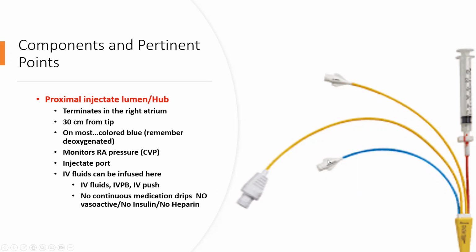However, you must never use this port to infuse vasoactive drugs or other continuous medication infusion, because interrupting the infusion to obtain cardiac output would result in the patient receiving a bolus of medication. So let me give you an example. Supposing now that you're giving a medication here, and that medication is epinephrine or norepinephrine.